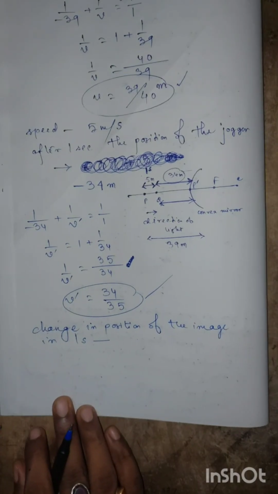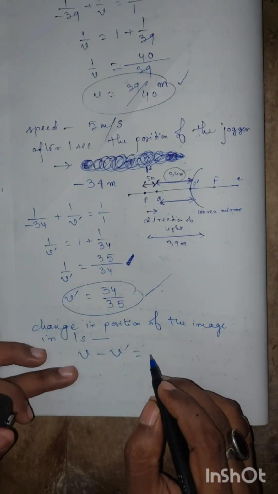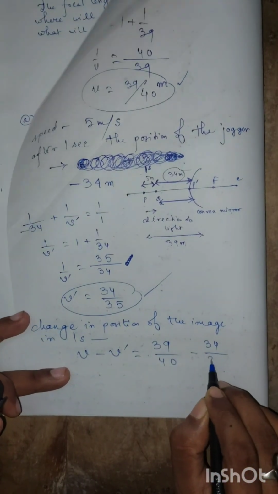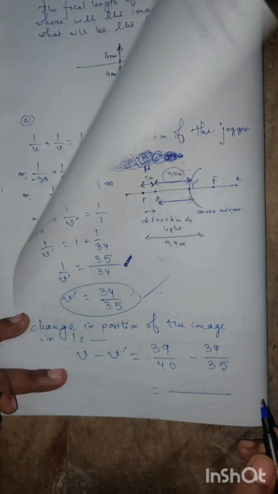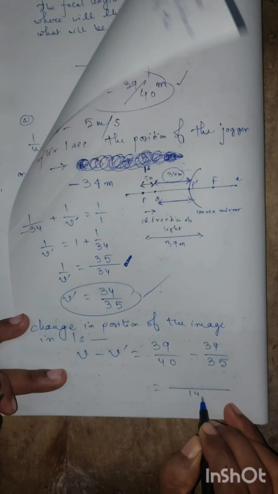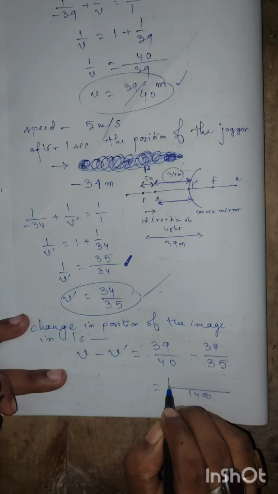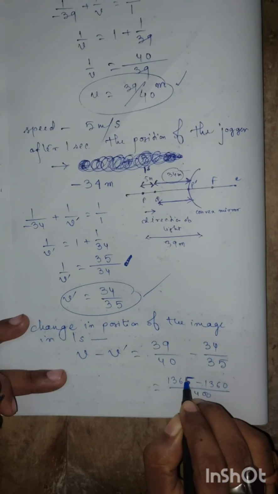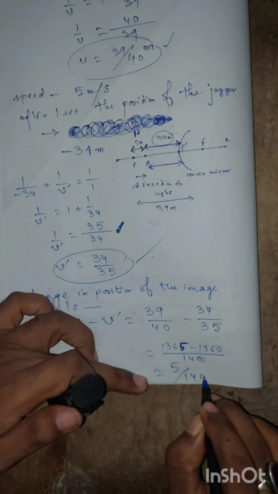So we need to find out the difference, V minus V dashed. So this gives us 5 by 1400.